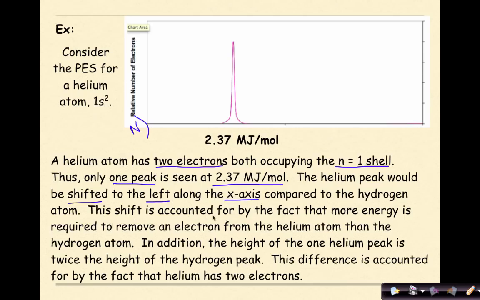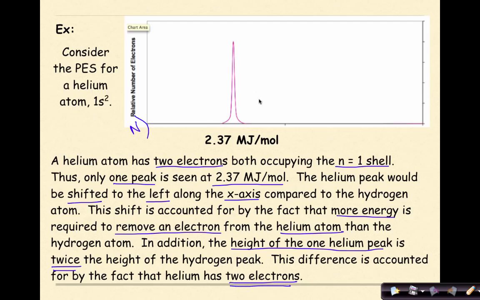This shift is accounted for by the fact that more energy is required to remove an electron from the helium atom than the hydrogen atom. In addition, the height of the helium peak is twice the height of the hydrogen peak. This difference is accounted for by the fact that helium has 2 electrons.